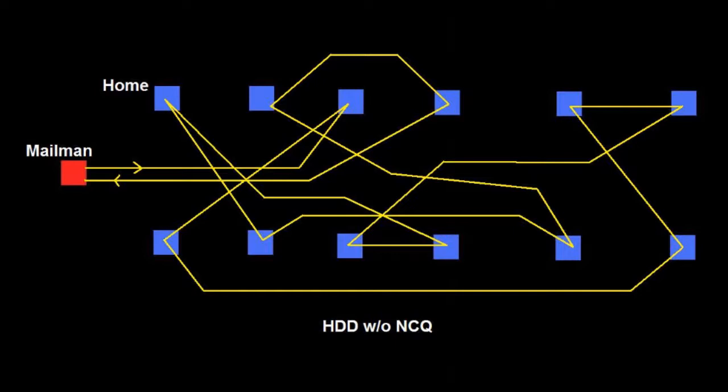You know what order their homes are in. You reorder your letters and your requests in order, right? Well, this is what native command queuing does in the hard drive. If you were to take the letters in your pouch and put them in an order that you knew you were going to run from house to house, from start to finish, this is what you would do.